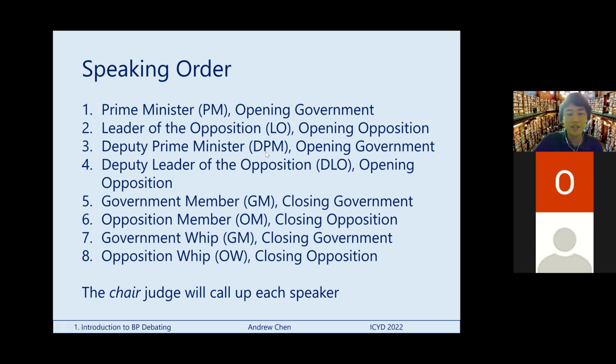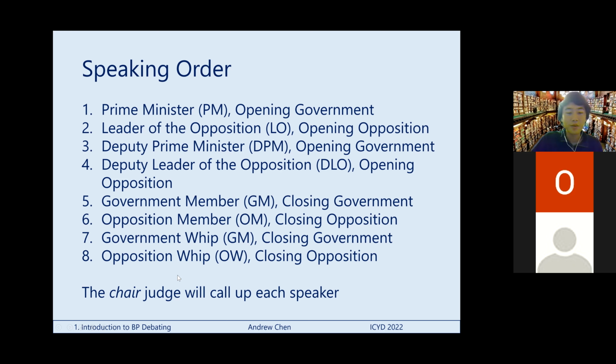They've all got abbreviations here as well. The two speakers on closing government are called the Government Member and the Government Whip. And the two speakers on closing opposition are called the Opposition Member and Opposition Whip. So this is the order that they speak in, which teams they're on, their names and their abbreviations. There's a diagram on the next page that makes this a lot clearer.